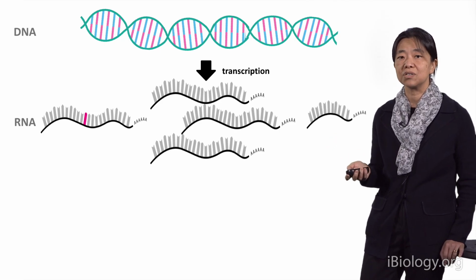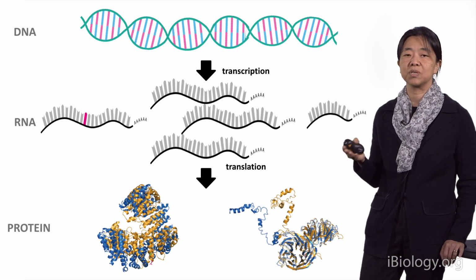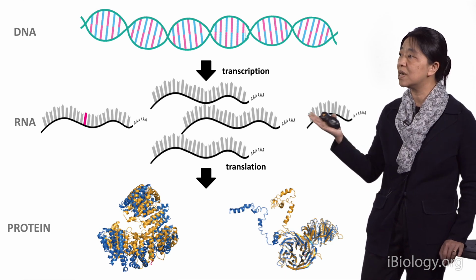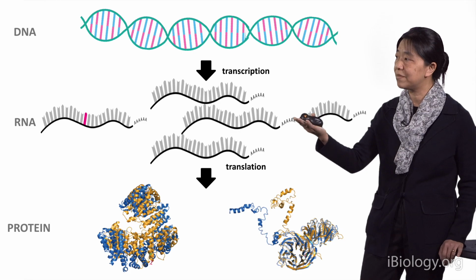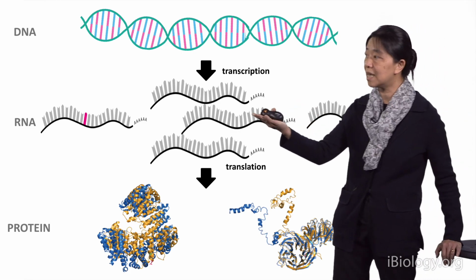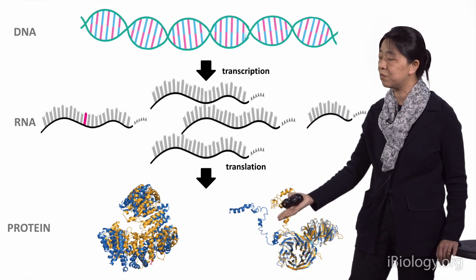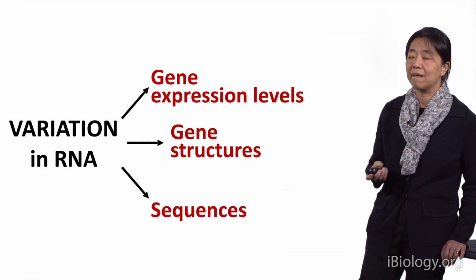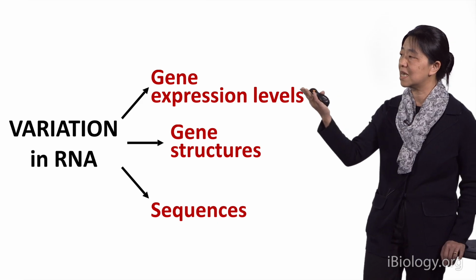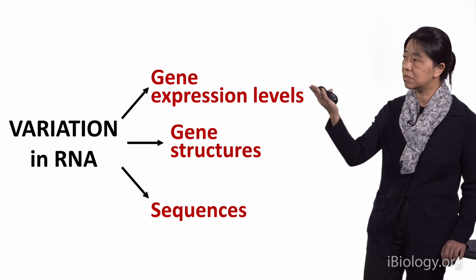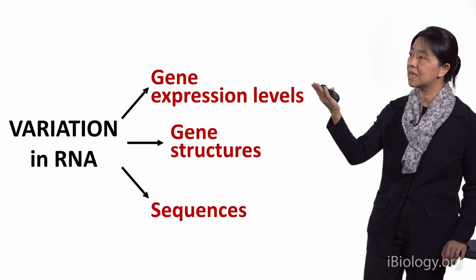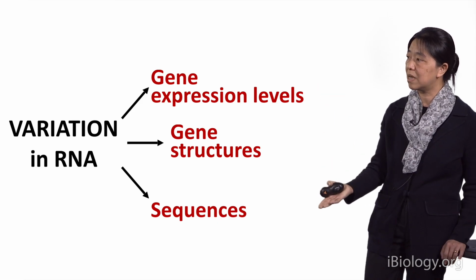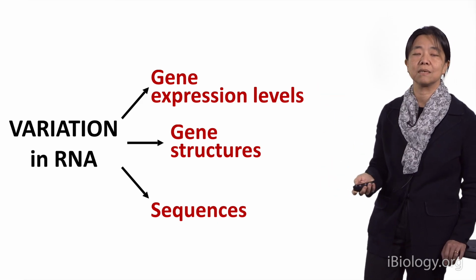And from these RNA transcripts, different isoforms of proteins are made. So from one DNA sequence, we end up having different forms of RNA transcript as well as different forms of proteins. Today, what I would like to discuss is mostly variation in RNA, at the gene expression level as well as in RNA sequences.